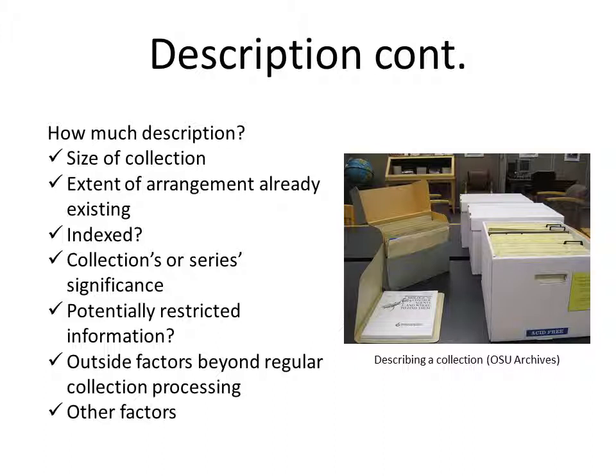If it's something chronological and you've got it all nicely in order, or you've intellectually ordered it so that you know that the box from 1901 is over here and the box from 1904 is over here, and they're saying, I want to see something from 1902, you know where to go and look. And it's quick, it's easy. And you don't necessarily have to describe every single piece in that box. You can just say, there is this arrangement.